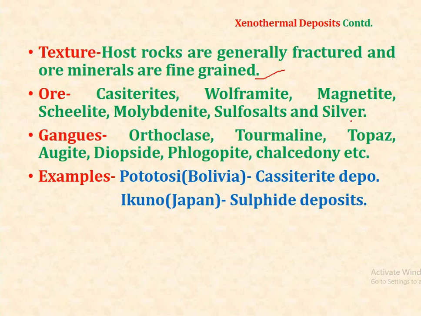Some gangue minerals are also associated with these ores: orthoclase, tourmaline, topaz, augite, diopside, phlogopite, chalcedony, etc. Examples of xenothermal deposits are Potosi, Bolivia, having cassiterite deposits, and Ikuno, Japan, where sulfide deposits exist. So all these are classes of hydrothermal deposits on the basis of temperature of deposition.